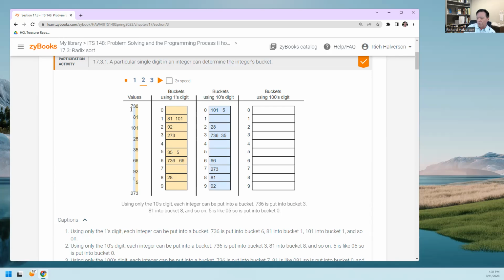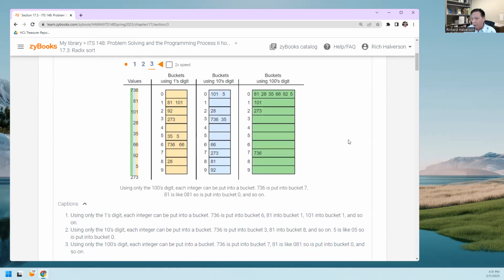There are three integers that have a third, or hundreds, place, and a zero is assumed for the rest of them. So in the third place, a whole bunch of them are going to go up here, and then for the 3-digit numbers, we distribute them in the buckets like that. Okay, so that's the concept of a bucket.